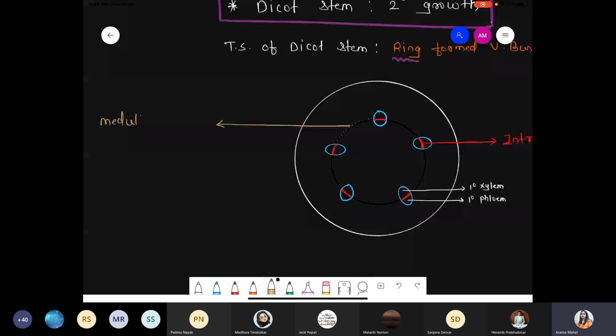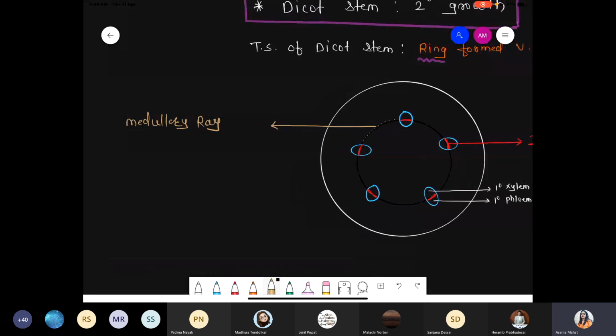These are a specific type of tissue. What is the specificity of the medullary ray? Basically, they are parenchymatous tissue. I'm writing just parenchyma.